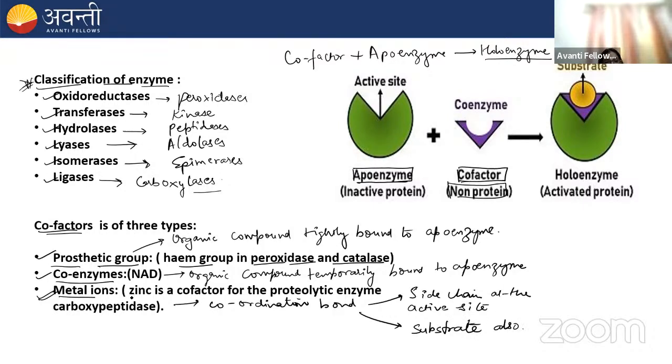Example of metal ions is zinc. Zinc is a cofactor for the proteolytic enzyme carboxypeptidase.